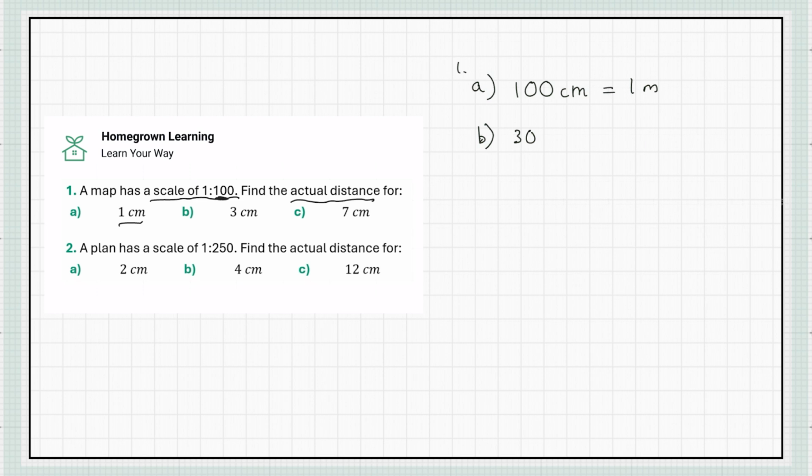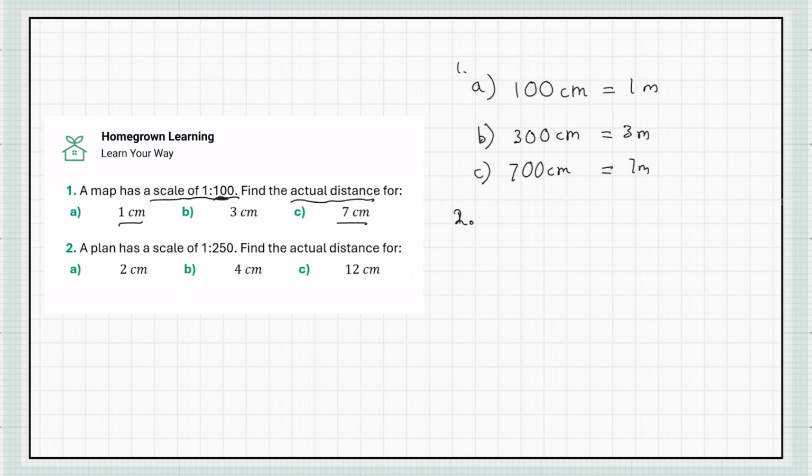So it's going to be 300 centimeters, or 3 meters. And for C, we take our scaled number and multiply it again by the larger quantity, so it's going to be 700 centimeters or 7 meters.